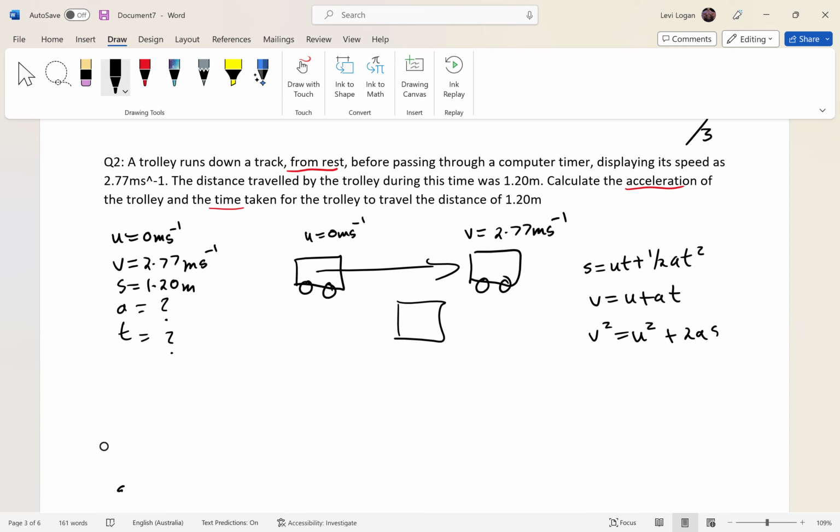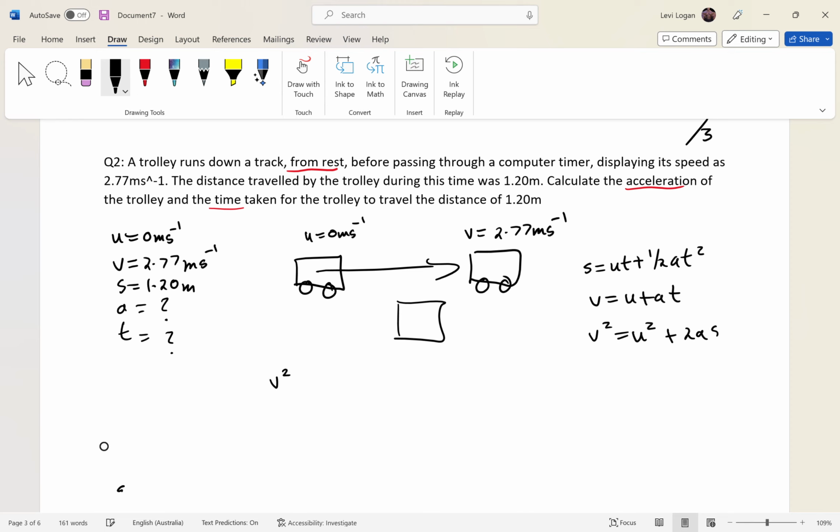Alright, so first up I'm going to find my acceleration. We can pretty much choose any equation for acceleration, but I'm going to choose this one because the rest of them have t, and we don't have a t at the moment. So I'm just going to choose the bottom one because that's the only one we can do at the moment.